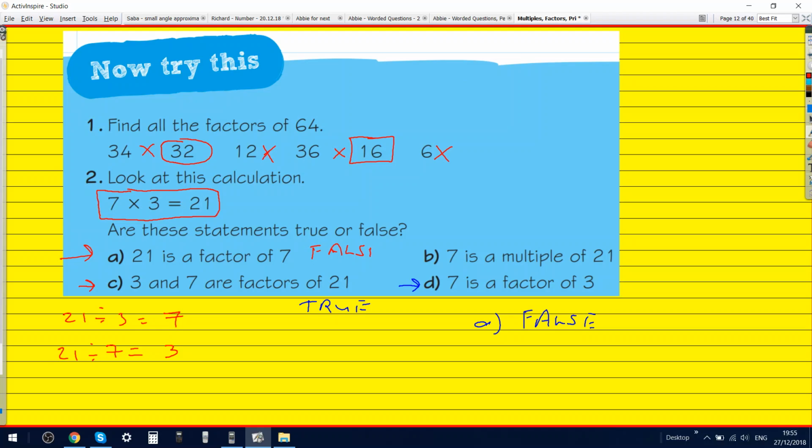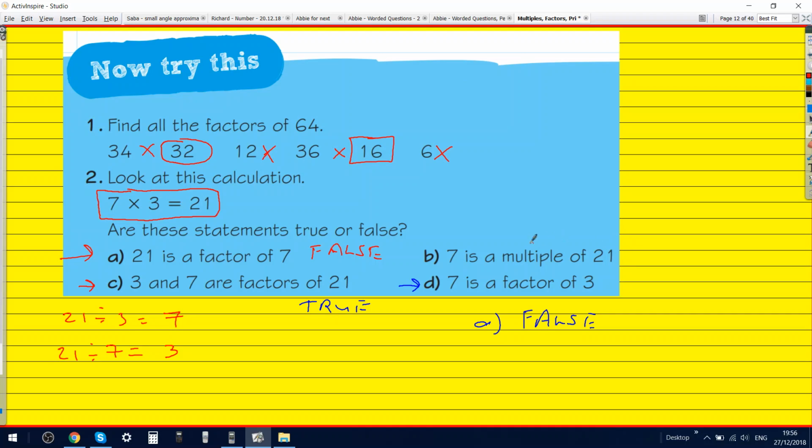How about B? 7 is a factor of 21. I think true, because 7 is one of the numbers you multiply.